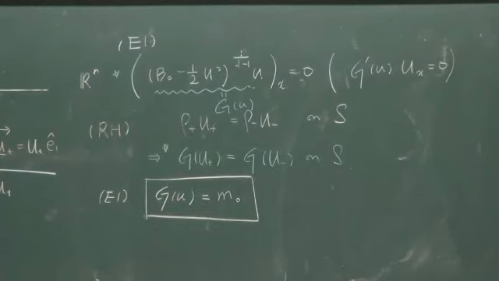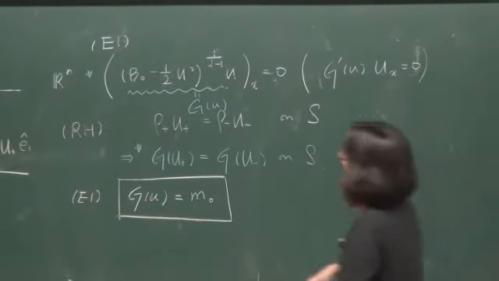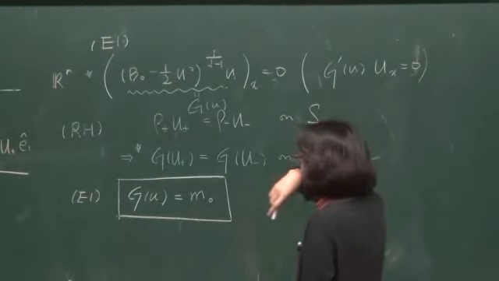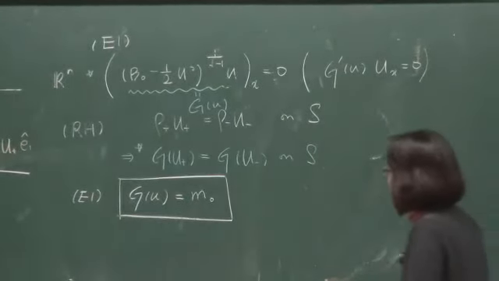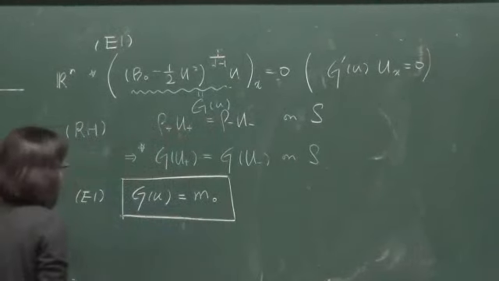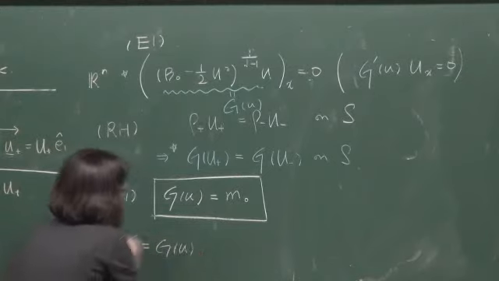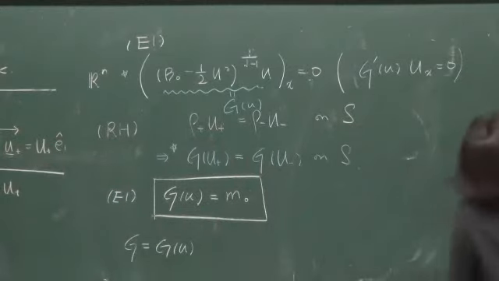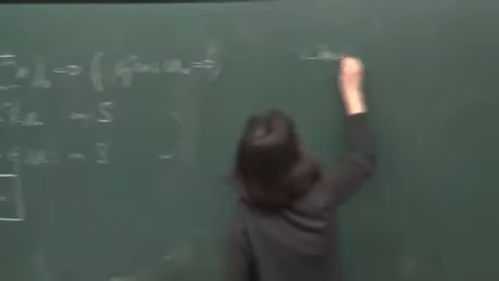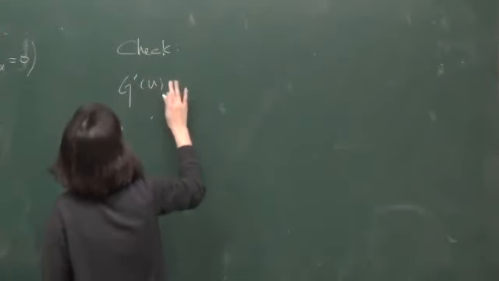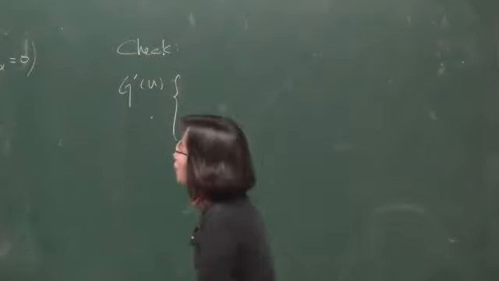Now, more calculus. Let's graph the function G of U equals M0. I only graph G of U. Okay, you just check, okay? So I will tell you the story. If you differentiate G, you can check the following.